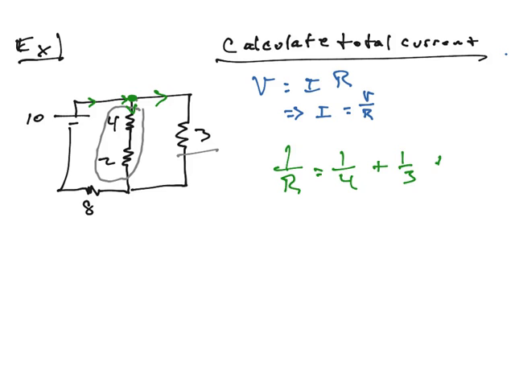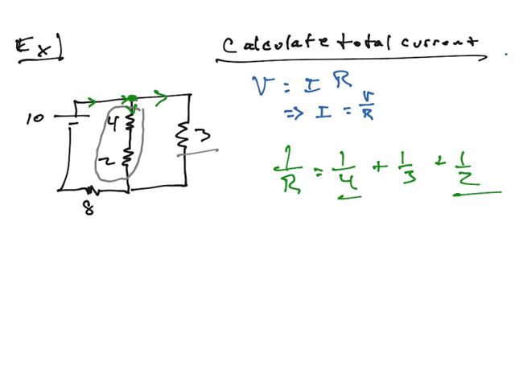Okay, well, does this make it better? Is the 3 parallel to the 4 and the 2? Well, yeah, the 3 is parallel to the 4 and the 2, but a better question is, is the 4 parallel to the 2? Because that's what you're saying if you were to write 1 over 4 plus 1 over 3 plus 1 over 2. That means you've got 3 different resistors, and those 3 resistors are all parallel to each other.